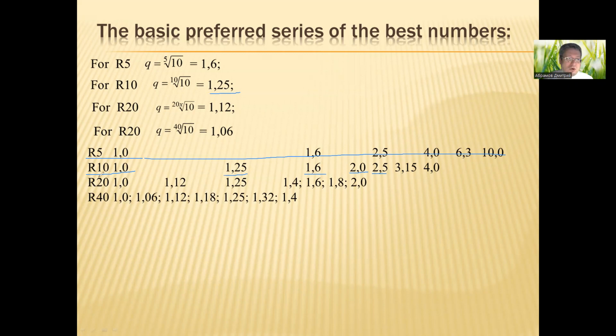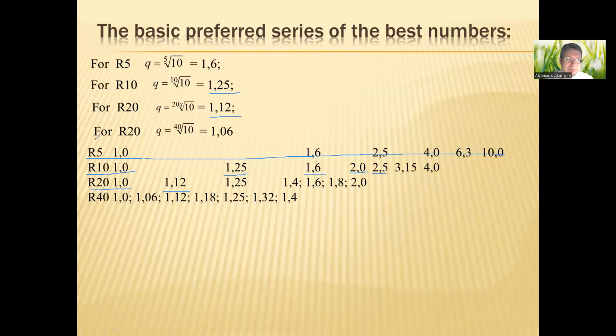And the next row, R20. q is equal to 1.12. First item 1.0, second item 1.12, and then 1.25, 1.4, 1.6, 1.8, 2.0.